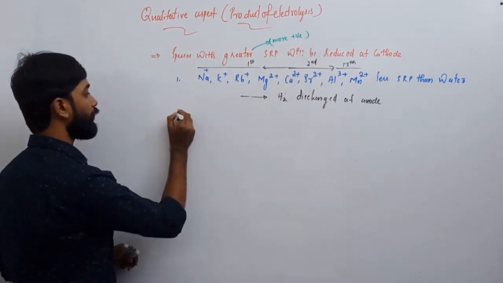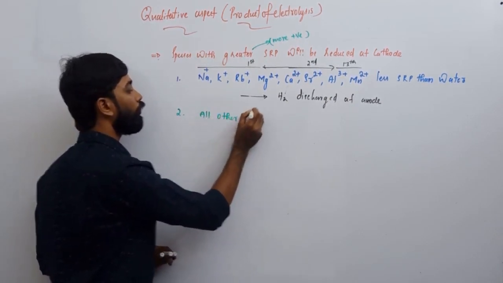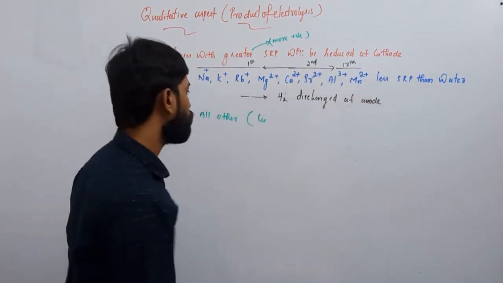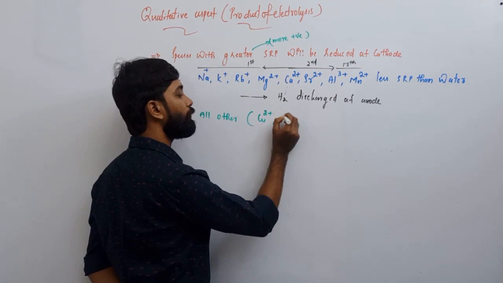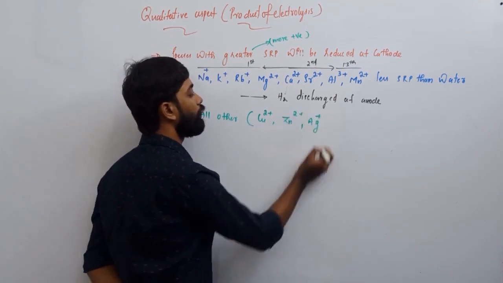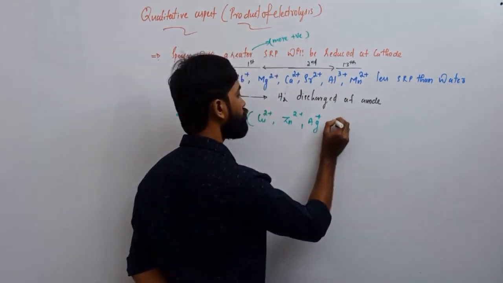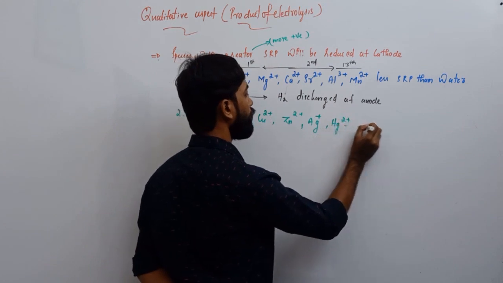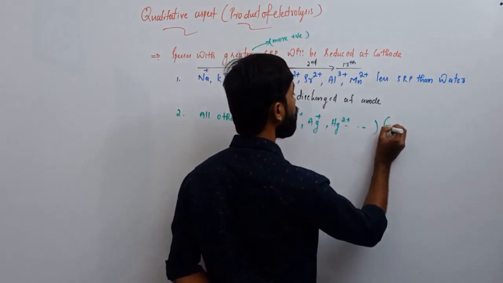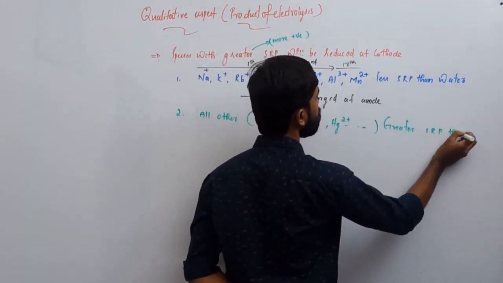Ready? So moving to the second point. All others, which means all others other than first, second, and 13th group, for example, Cu2+, Zn2+, Ag+, and Hg2+, etc. These all have a greater standard reduction potential than water.